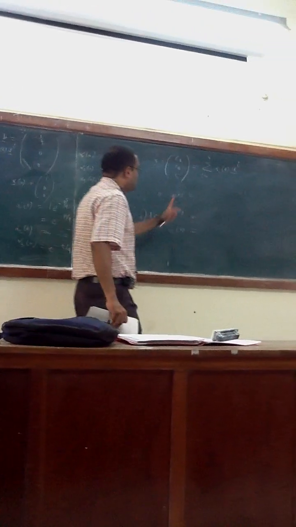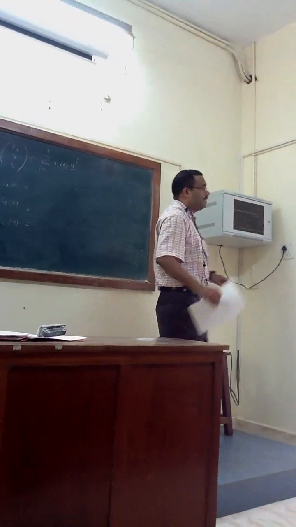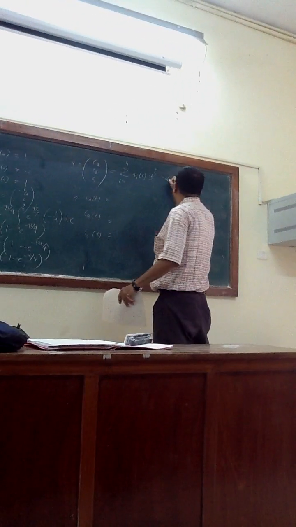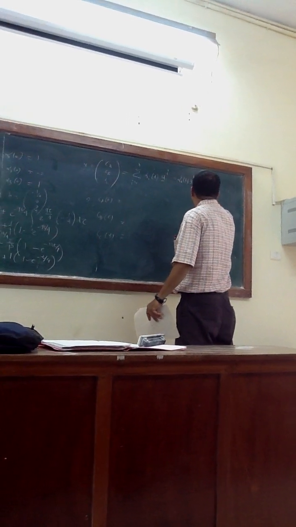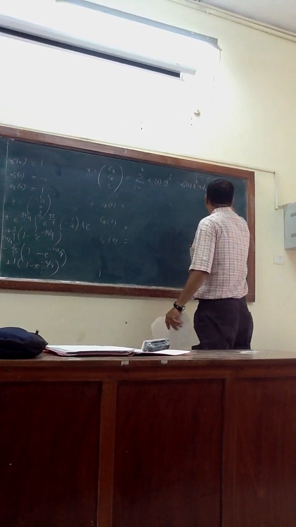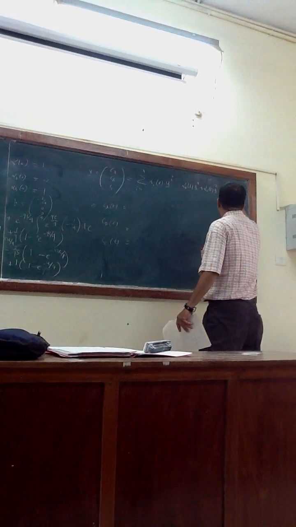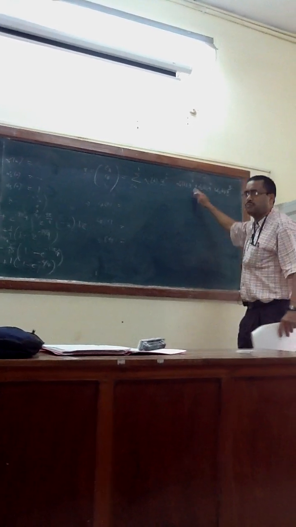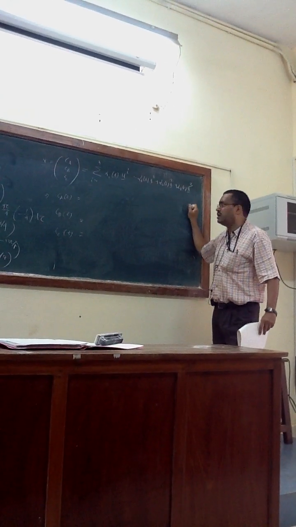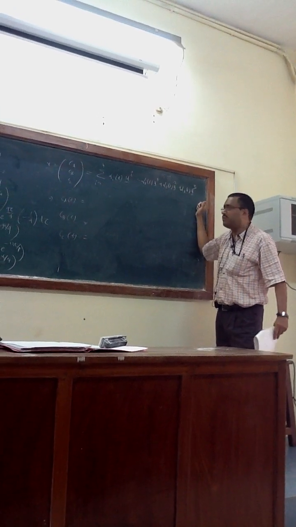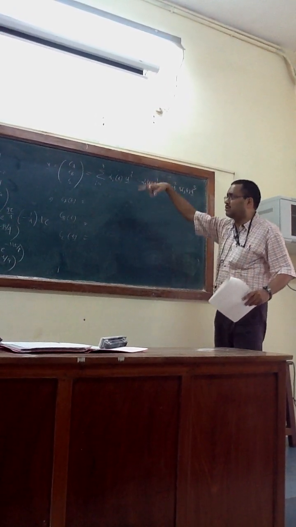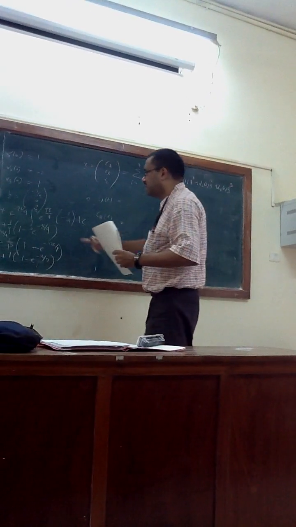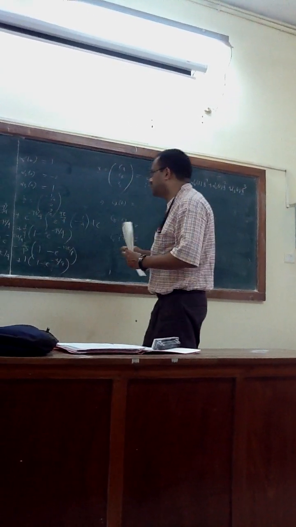So, it is nothing but alpha 1t u1 bar, alpha 2t u2 bar plus alpha 3t u3 bar. u1 bar, u2 bar, u3 bar are known, right? Alphas are known, alpha 1, alpha 2, alpha 3. They are all known, as a function of time.